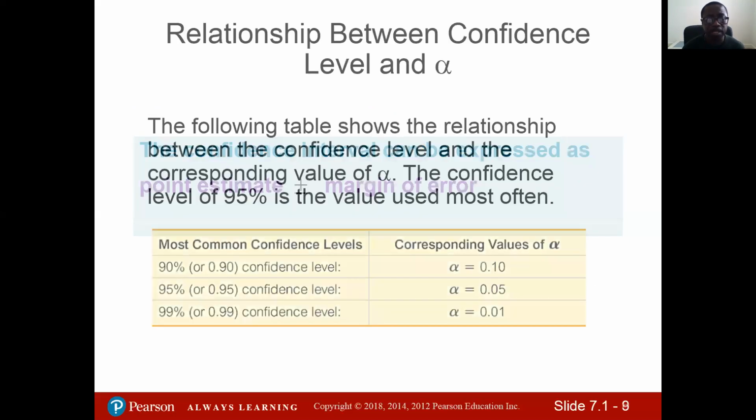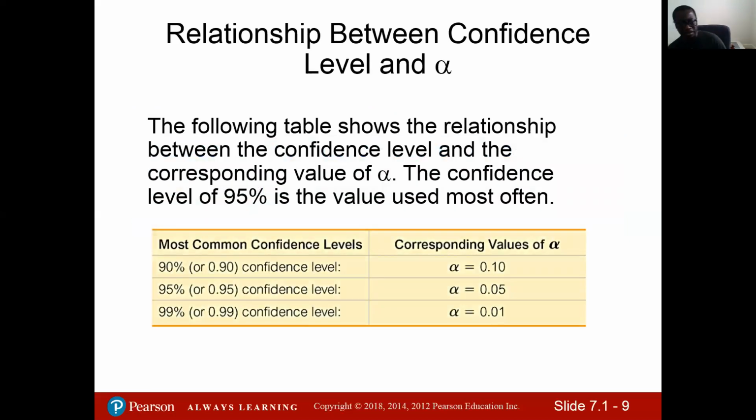Now, some examples: if I have a confidence level of, say, 95%, what is my alpha? Remember, what's the relationship between the confidence level and alpha?